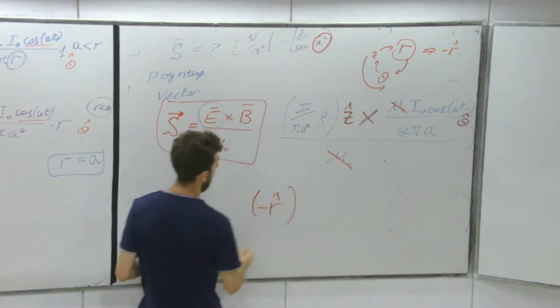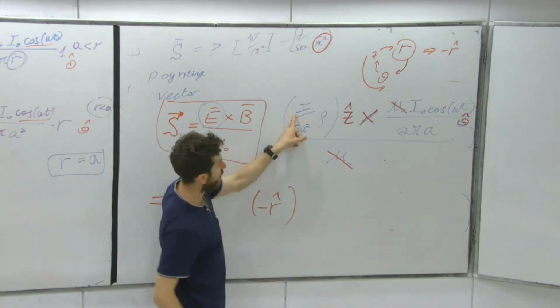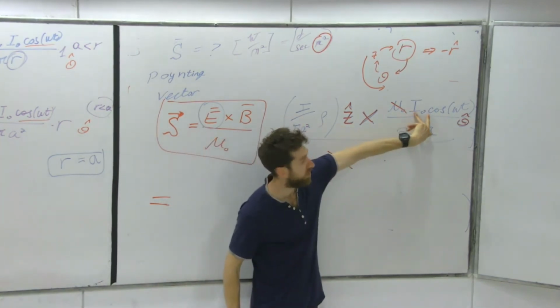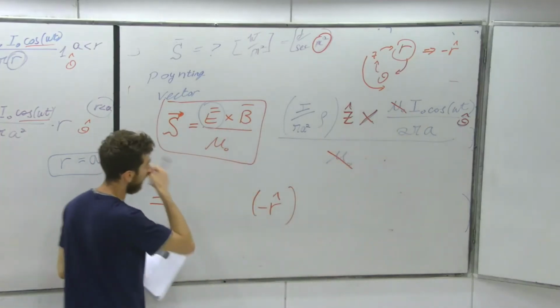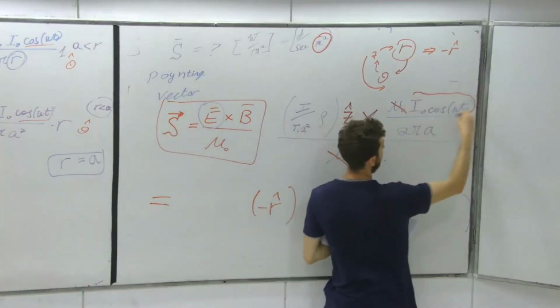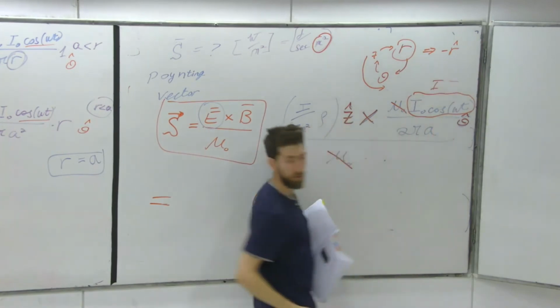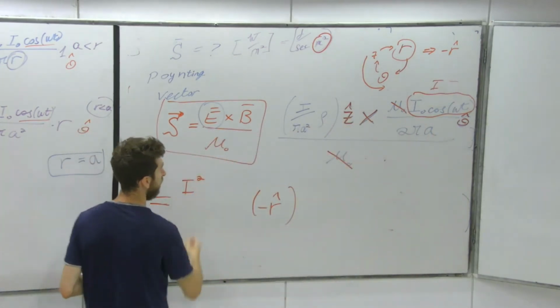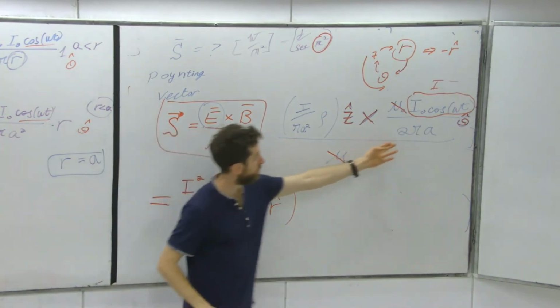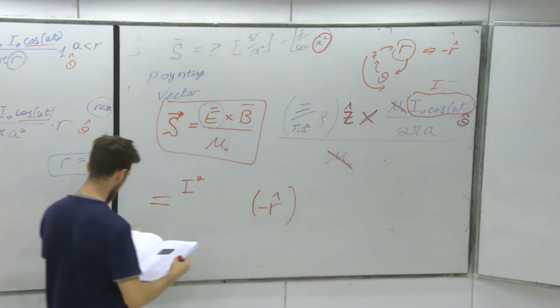Good. And here, you see that actually we have all the terms of the current being squared. This was our I, right? So we can say I squared, right? 2 pi A, let's write it.